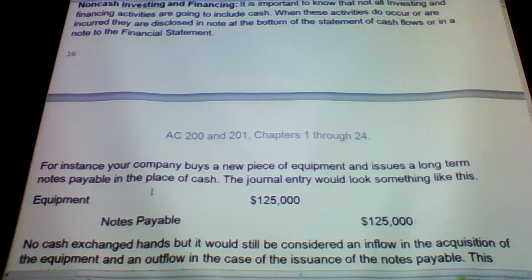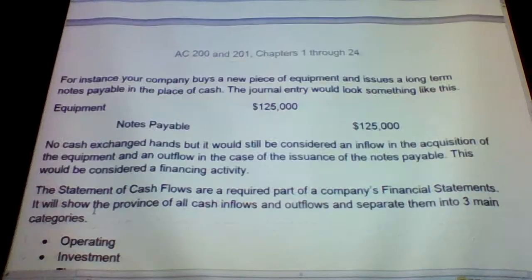The journal entry would look something like this. Equipment would get debited, which means increased, by $125,000, and you would issue a note payable, or increase your liabilities, by $125,000, which would keep the accounting equation whole. As you always know, all debits and credits always have to equal up.